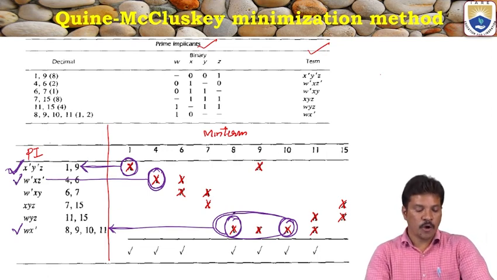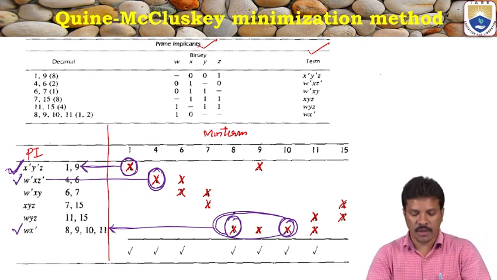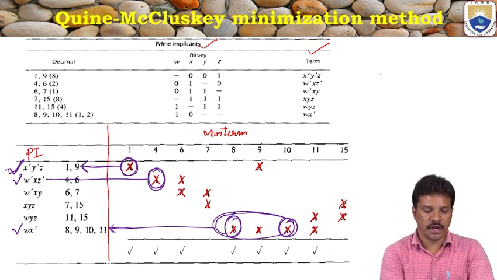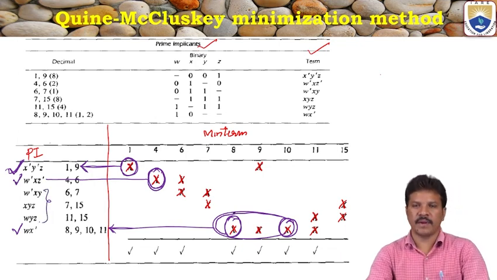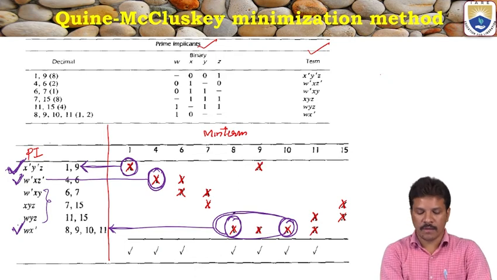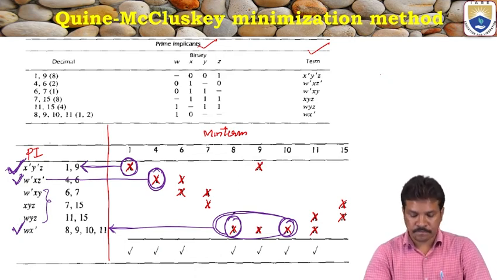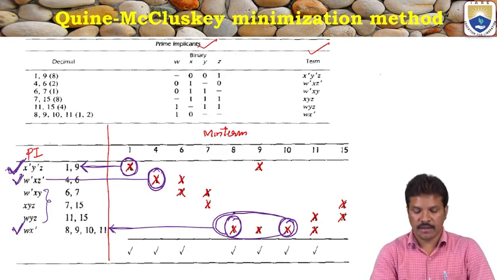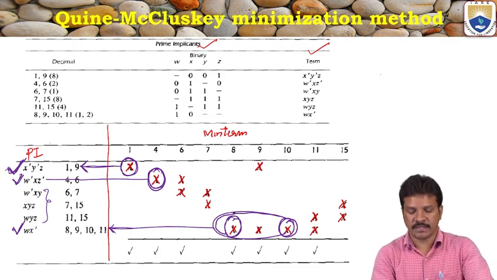Now, how many minterms remain? Third, fourth, fifth prime implicants are left. So we can consider the final 3 prime implicants up to now. Now, check whether any columns are left with a cross mark.